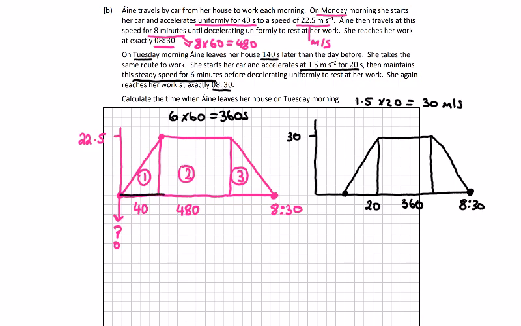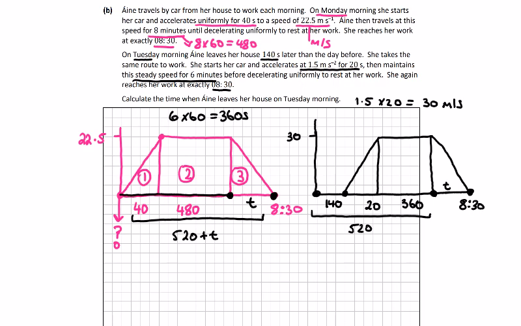We know the time taken here is 520, 480 and 40. And we call this one T for the time taken. Can we get an expression for T over here? This is 140 seconds. This is 520 plus T. And from start to this point here is also 520: 140 and 360 and 20 is 520. So that means that this section has to be T.